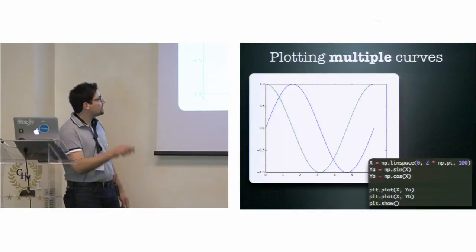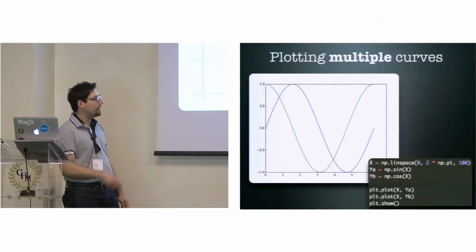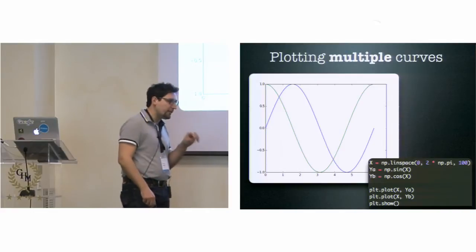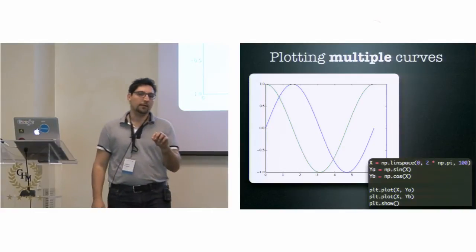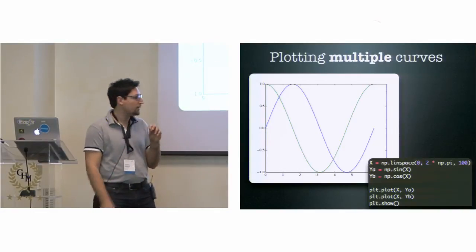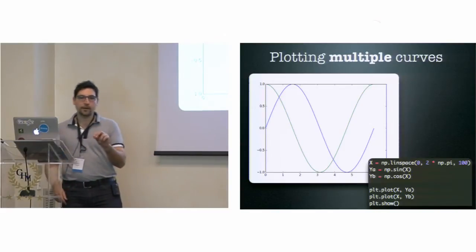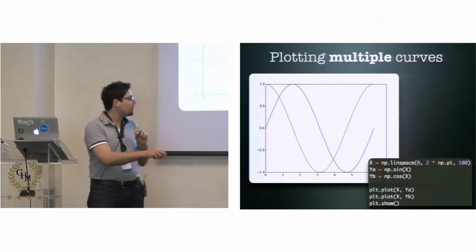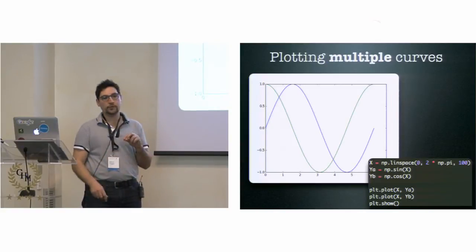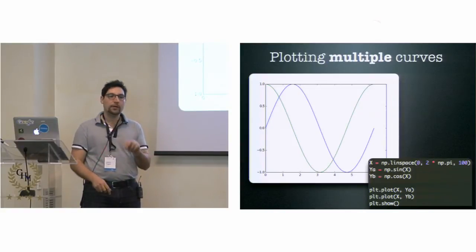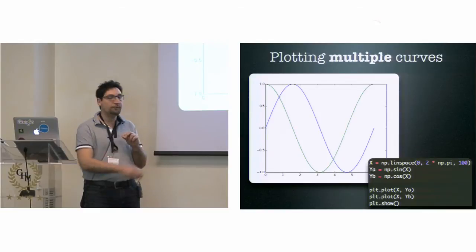Okay? In this example, you may see that one of the main features of plotting in Matplotlib is the so-called deferred rendering. This means that you may create as many plots as you want, but these plots will not be shown until you call the show function.